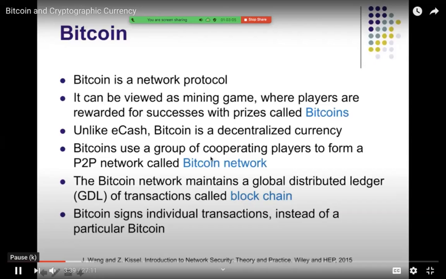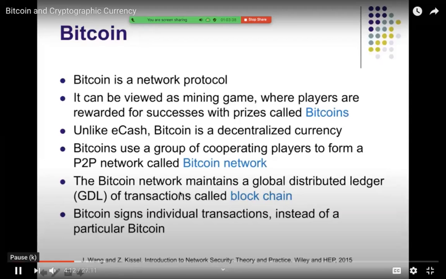The other one is that it is a game, so it uses a group of cooperating players to form a P2P network, and that network is called the Bitcoin network. In particular, the Bitcoin network maintains a global distributed ledger, shorthand GDL, of transactions.